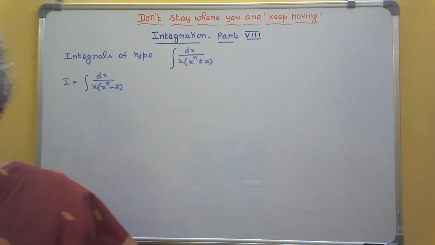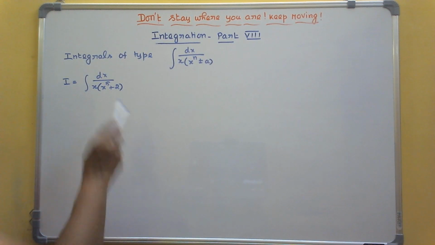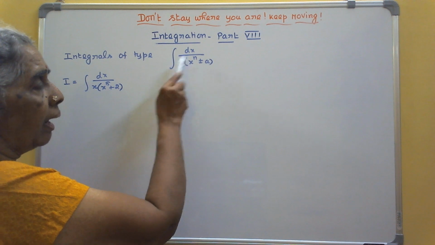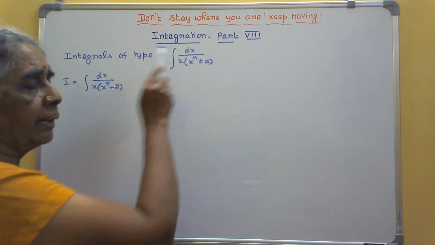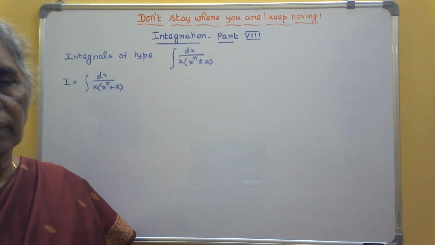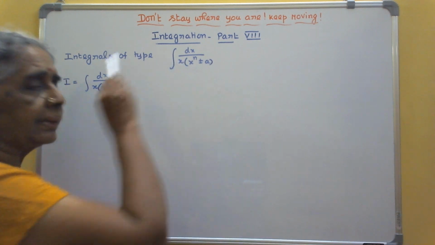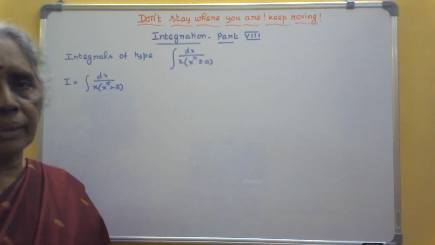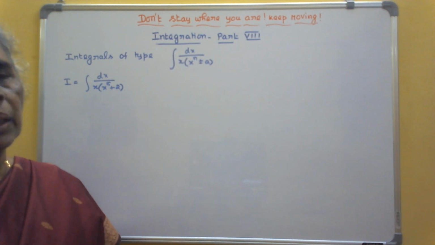Now let us see how to integrate integral of this subtype. Integral dx by x into (x power n plus or minus a constant). Here x power n may be any power plus or minus some constant. Here you should have only x outside the bracket and here you can have x power anything plus or minus any constant.